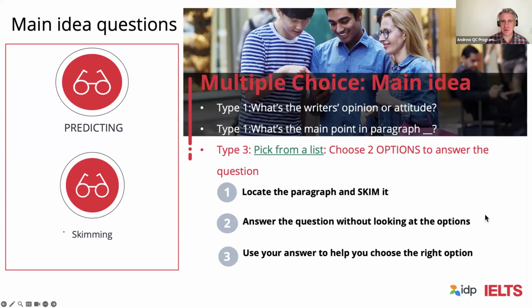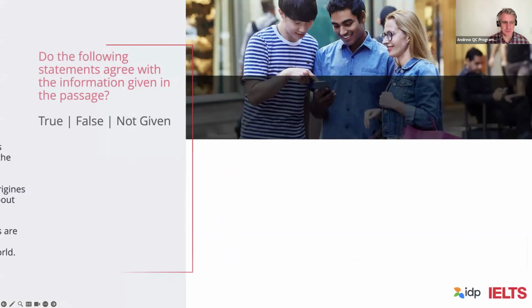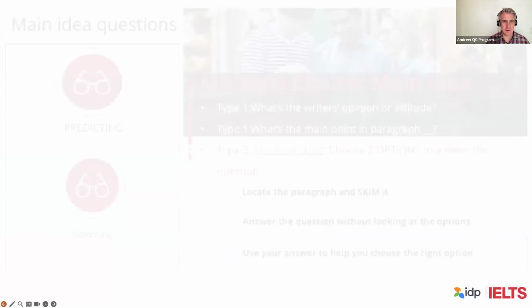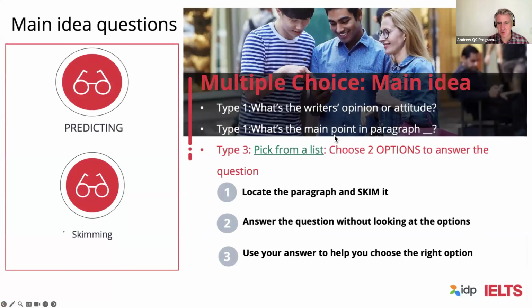So main idea questions come in two types. Type 1 is like, what is the writer's opinion or attitude? And sorry, that should say type 2. Type 2, what is the main point in paragraph? And type 3, sorry, there are 3 types, is pick from a list.